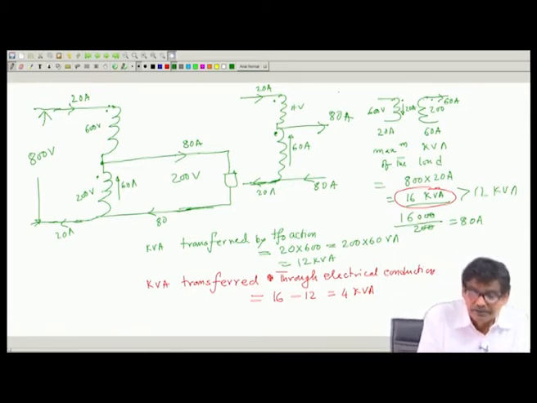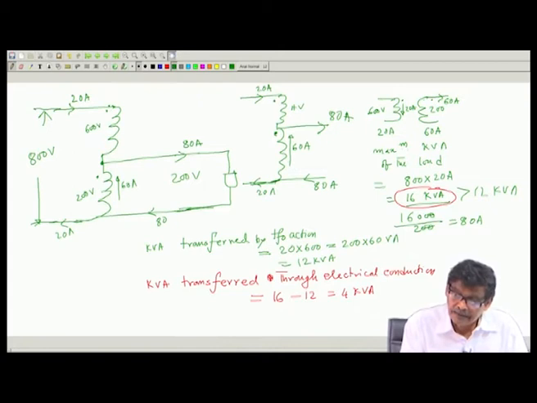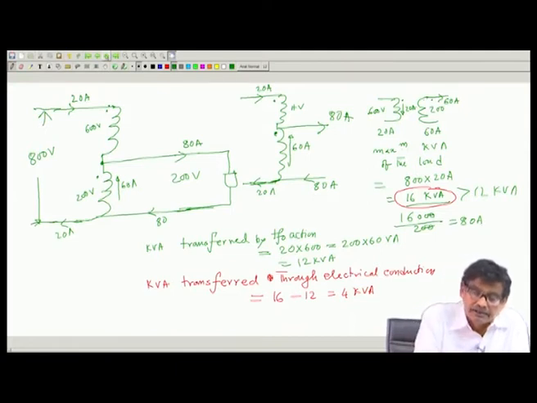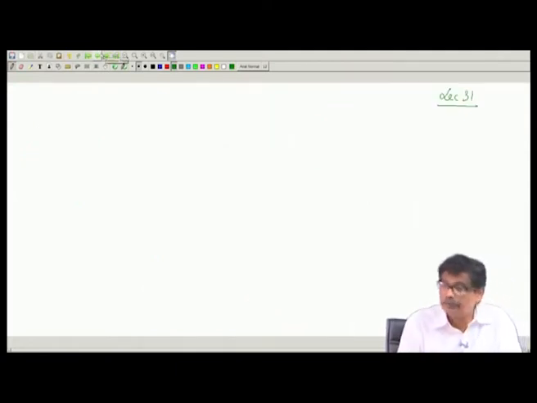The interesting thing is, whichever winding is left out alone, you first fix up that current. I should not allow more than that, and the moment you decide that current, the other part of the winding, which has its own identity separate, no common portion, has its current fixed up, and then the total current follows. Anyway, please try to solve many problems.